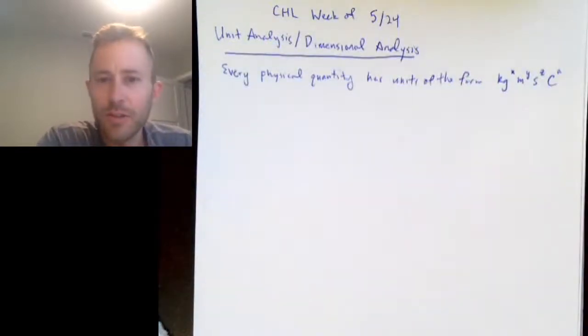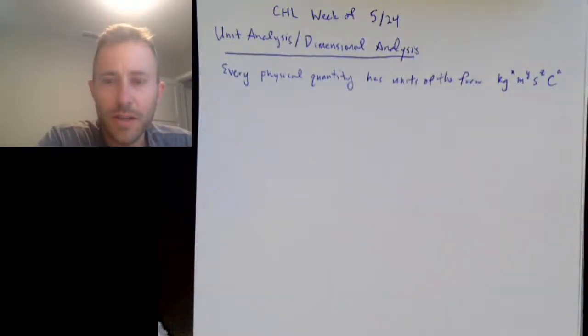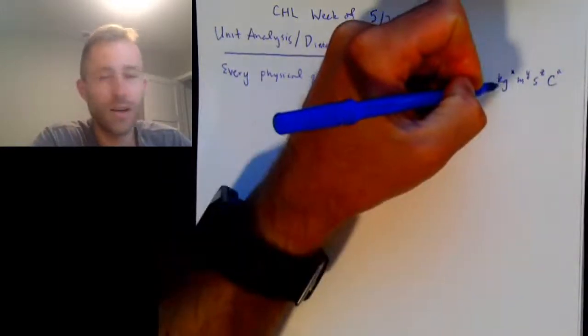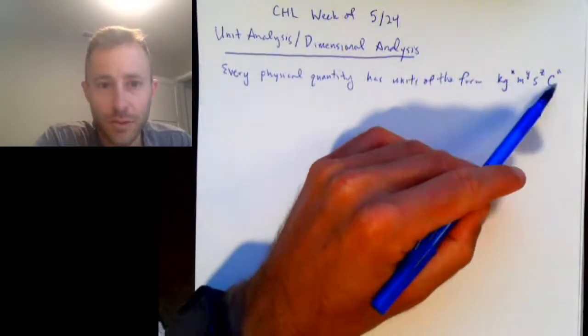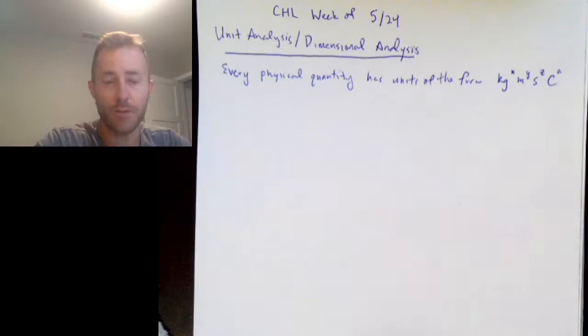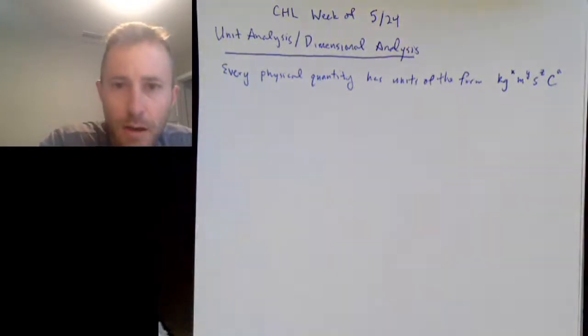Okay? So basically any unit can be written in the form of a product of mass, length, time, and charge to different powers.